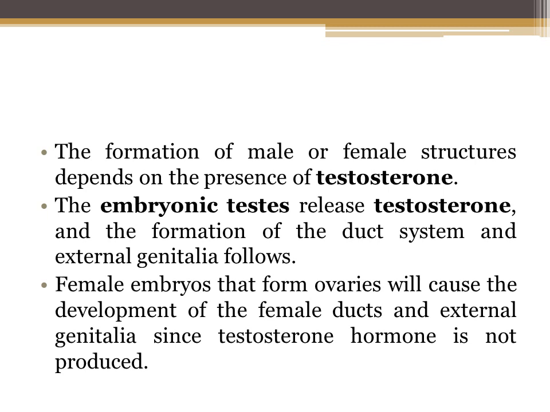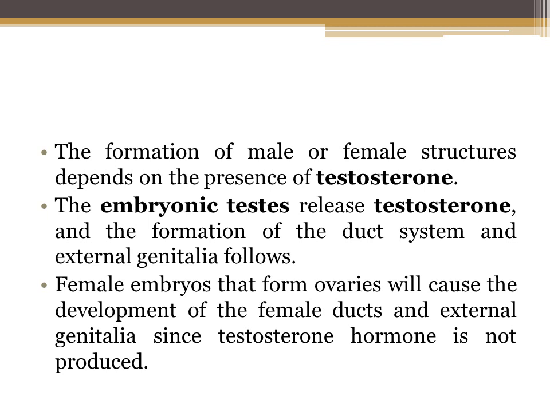The formation of male or female structures depends on the presence of testosterone. Like what I mentioned a while ago, while the embryo is growing, the gonad glands are also developing, giving us the initial stages of the development of the reproductive system.